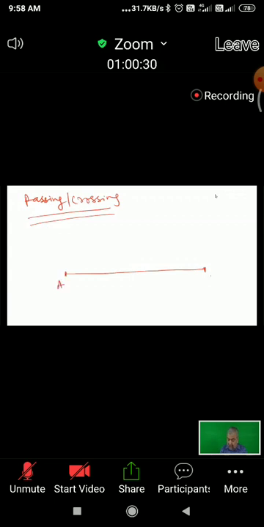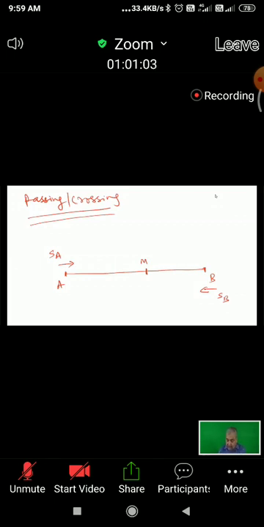This is city A and this is city B. One train starts from A towards B with speed A, and another train starts from B at the same time with speed B. Obviously, they will meet somewhere. After meeting, they will pass each other or they will cross each other.